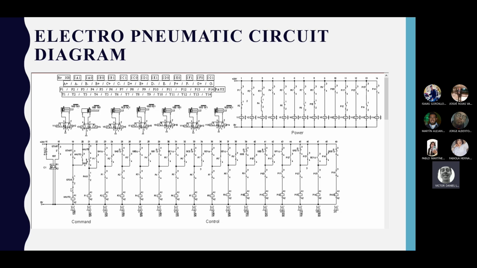We had our electropneumatic diagram on this model, step by step of the simulator. We have 7 valves with electric drive. The commands are where the energy of the devices is regulated, where the on-off buttons are.